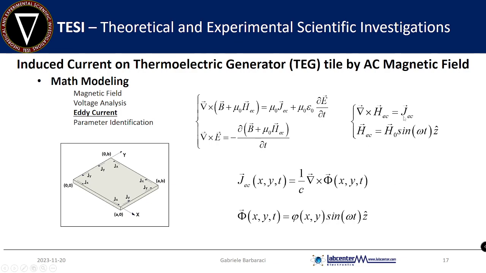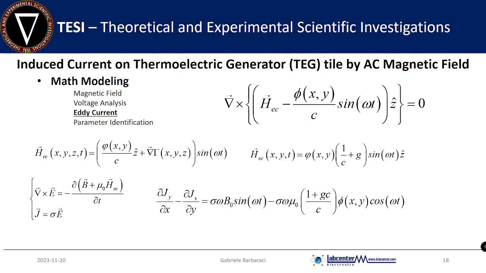Now we can substitute to J an expression where the current density is developed by the curl of a certain vector function, which is phi(x,y), or rather a function of the xy plane, times sine of omega t along the z direction.